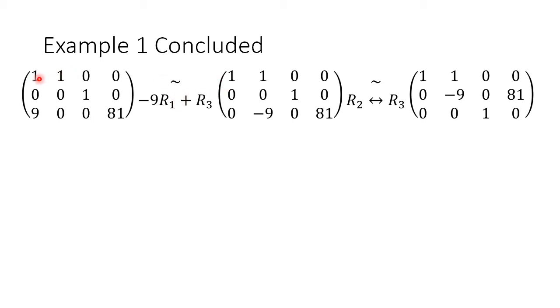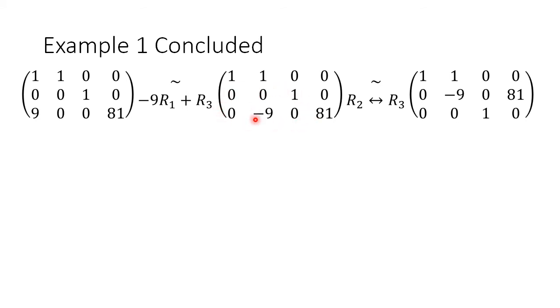If I do that, I'll get -9 plus 9, which is 0, -9 plus 0, which is -9, 0 plus 0, which is 0, 0 plus 81, which is 81. After I've done that, all of the entries below the pivot are 0, so I ignore this row and I focus on what's left in the matrix.